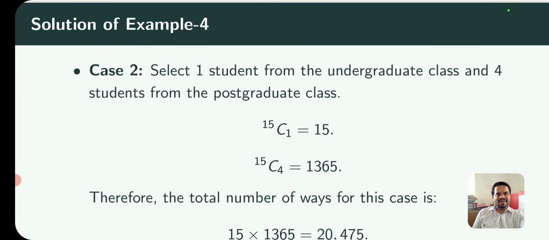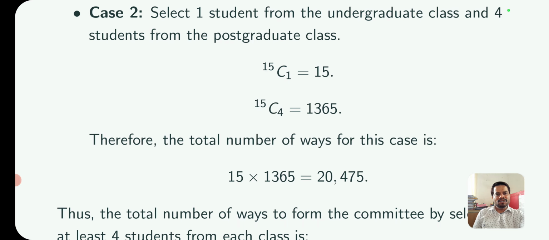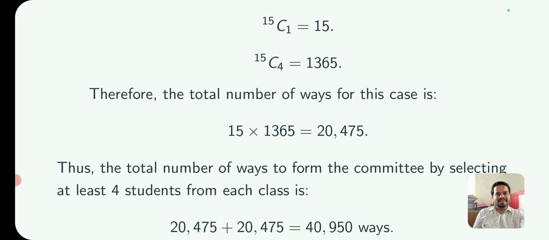Now the second case is to select 1 student from UG and 4 students from the PG class. 15C1 we have already calculated in the first case, it is 15, and we also have to choose 4 students from the PG class, 15C4, which is 1365. Then you can apply the multiplication principle, so the total number of ways for this case is 20,475.